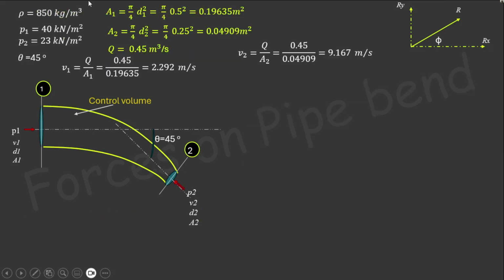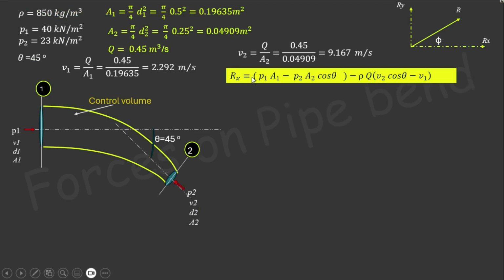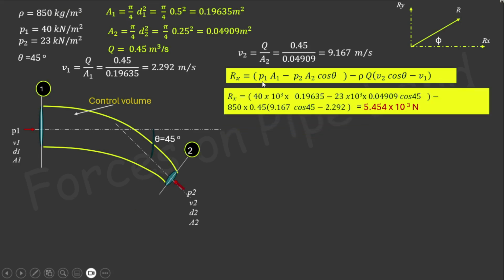So all input values are available with us, so we can directly substitute the values in this equation and calculate Rx. So P1 is available, that is the pressure at the inlet. A1 is also calculated. Theta is 45 degree. Rho is given as 850. So all informations are available.